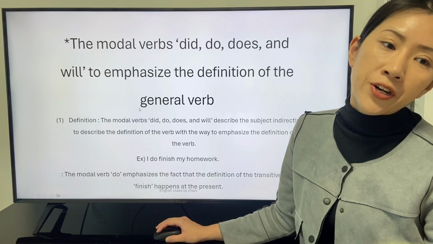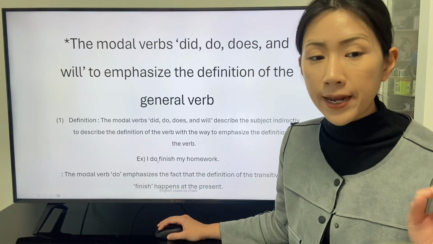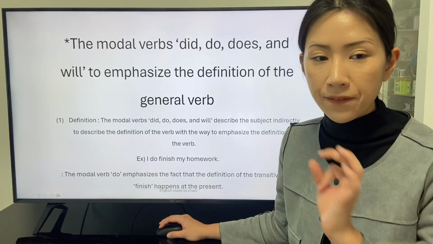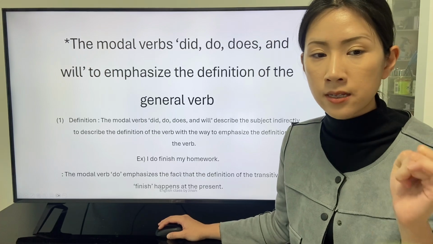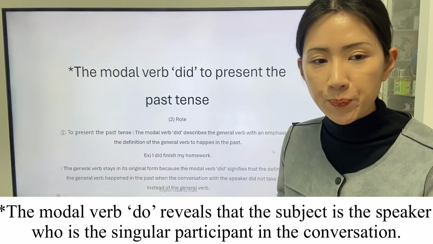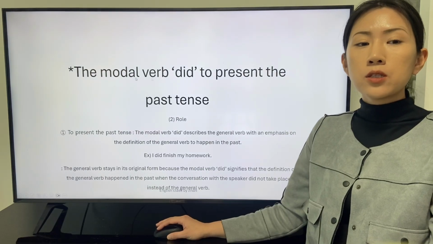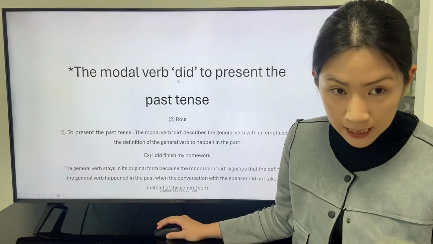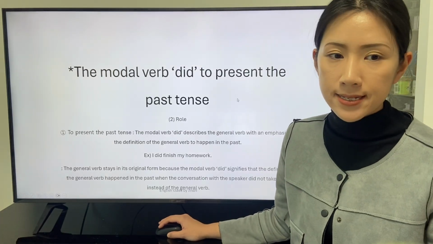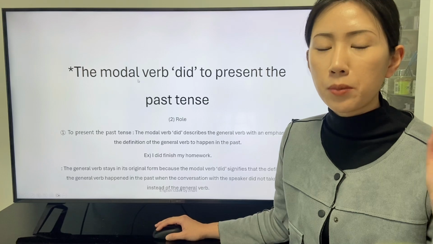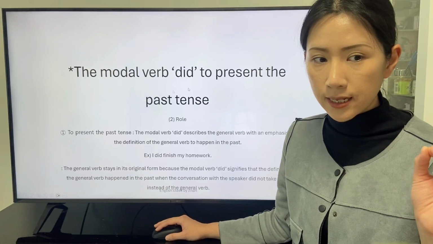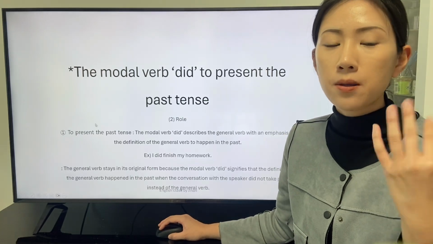The modal verb do emphasizes the fact that the definition of the transitive verb finish happens at the present. The modal verb did to present the past tense. The role of the modal verb did is to present the past tense.